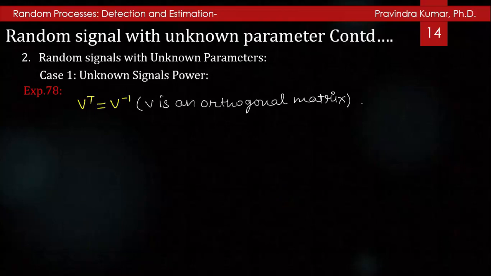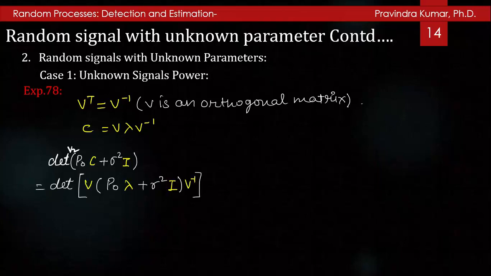V is an orthogonal matrix, so C will be equal to V lambda V inverse, and the determinant of P naught C plus sigma square I will be equal to the determinant of V (P naught lambda plus sigma square I) V inverse.